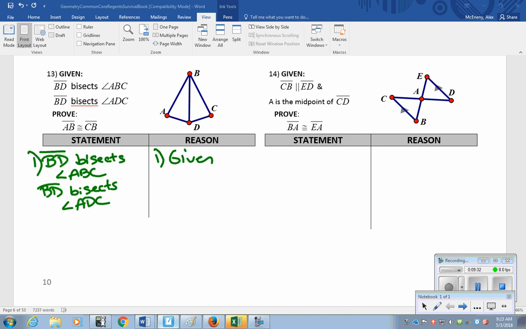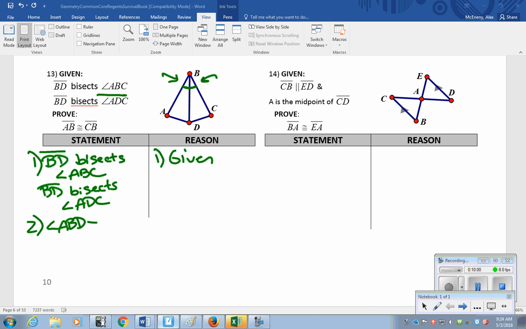So now going from there, I noticed that it says this is bisecting angle ABC, so I'm going to mark angle ABC. And then bisect means cuts into 2 equal parts. So I'm looking at the 2 parts here, and I'm going to try to figure out individual names for those parts. So for my second statement, I'll write the individual names and say they're congruent.